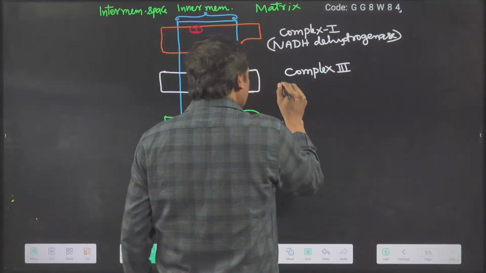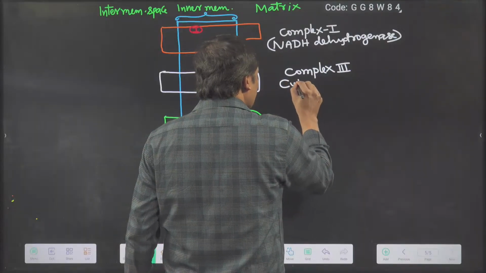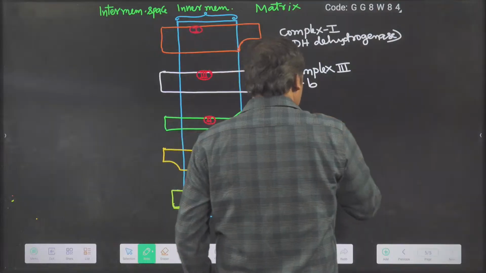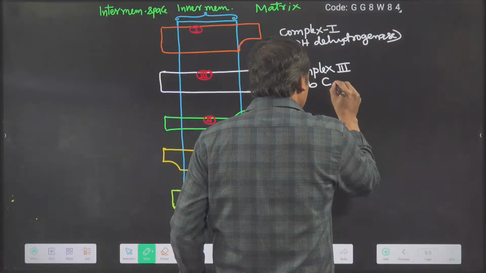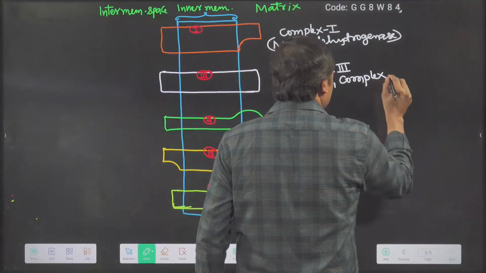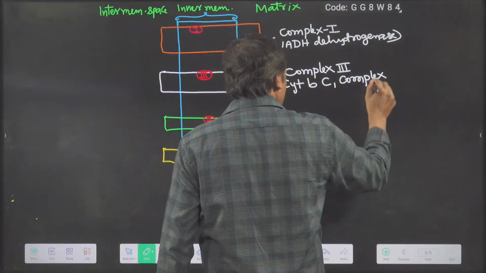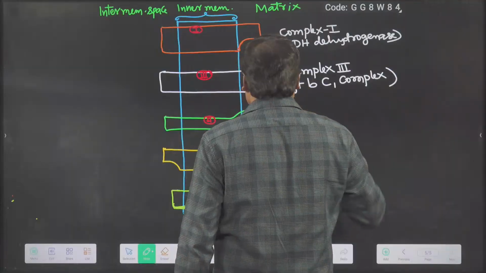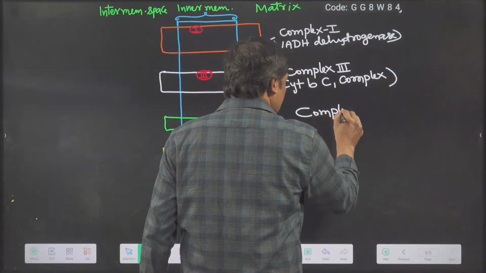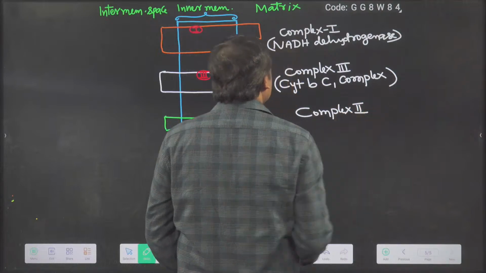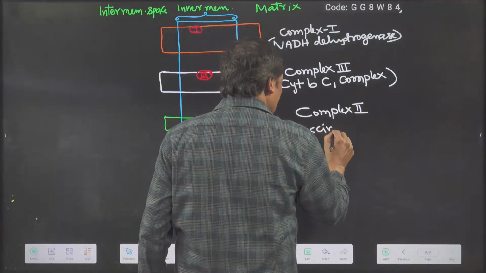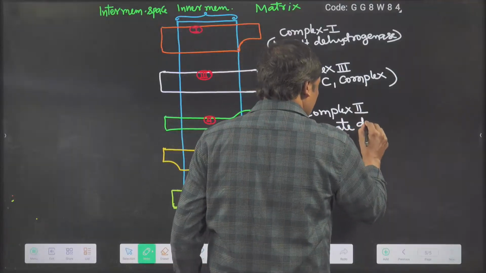This is called cytochrome BC1 complex. And this is complex 2. This is called succinate dehydrogenase.